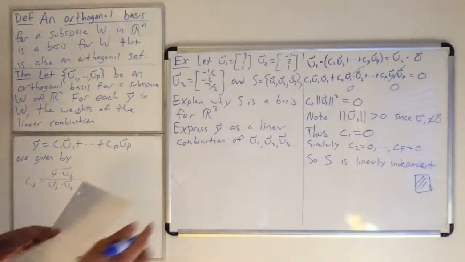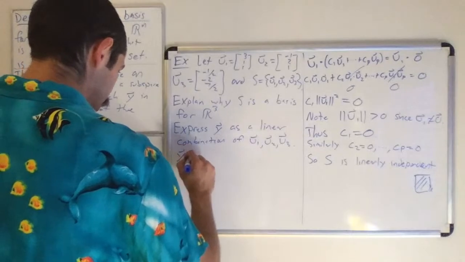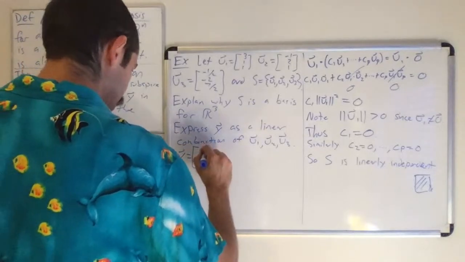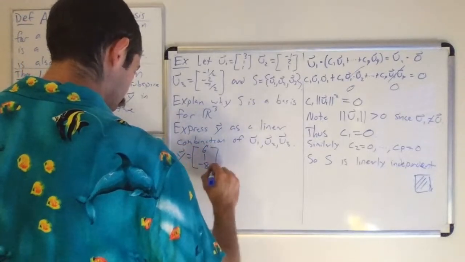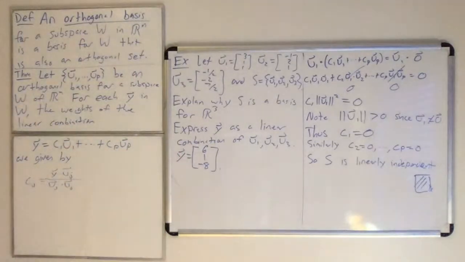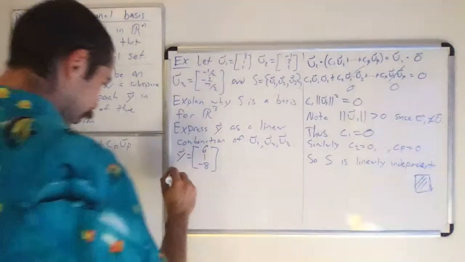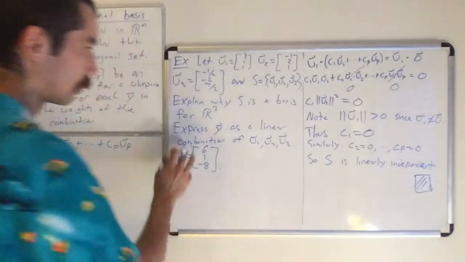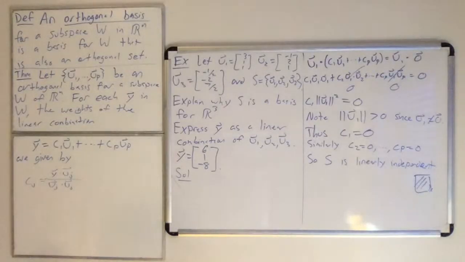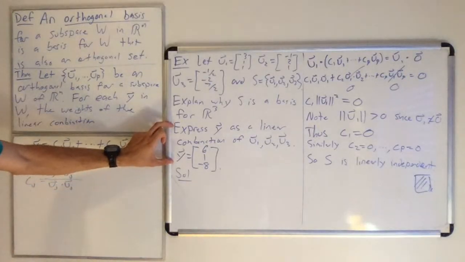Here, y is the vector (6, 1, -8). Okay, and we don't have time to finish this today, so let's just talk about part 1. And then we'll start class tomorrow by doing the second part. But I would recommend trying to do this on your own tonight.